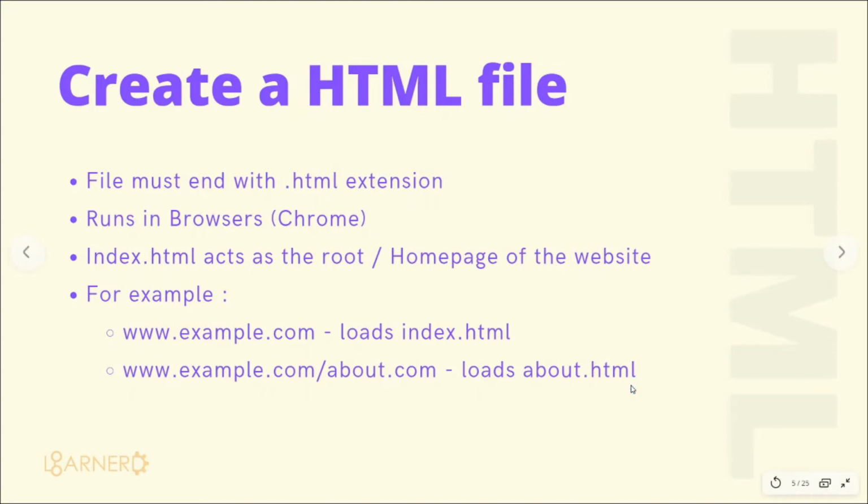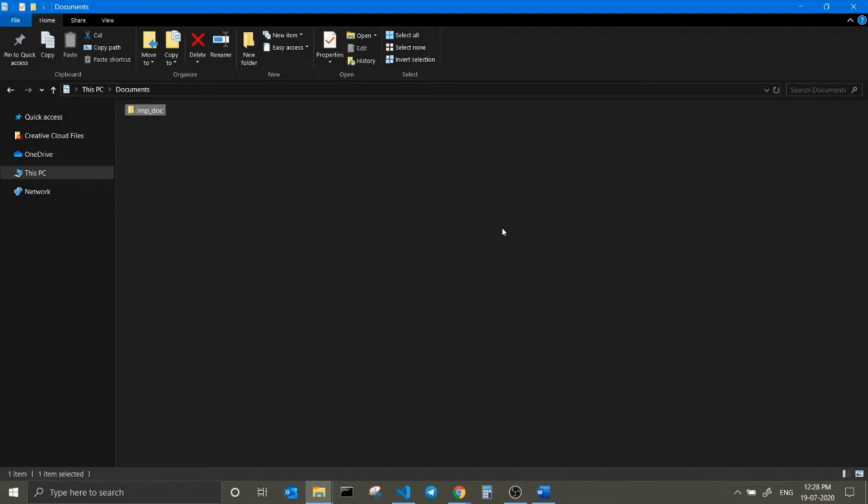So let's jump in and see in practice how to create our first HTML web page. For making our first HTML web page, go to File Explorer on Windows, and on Mac it is Finder.